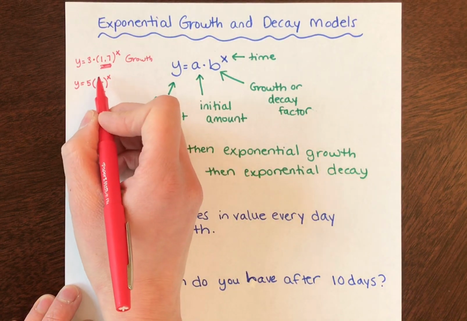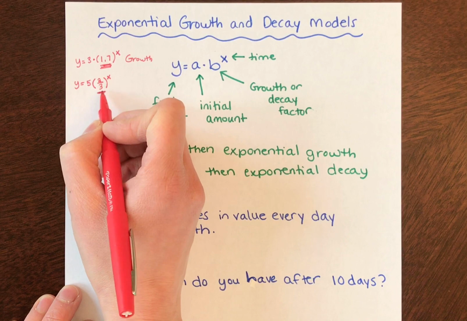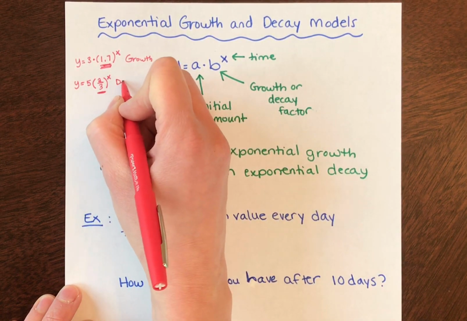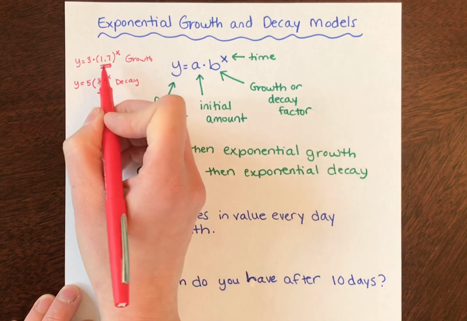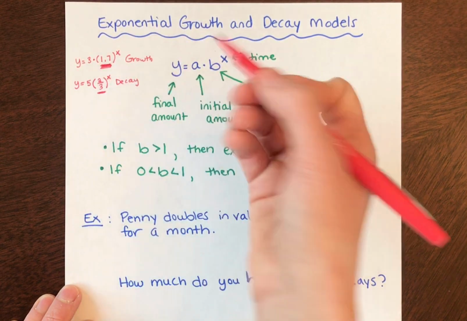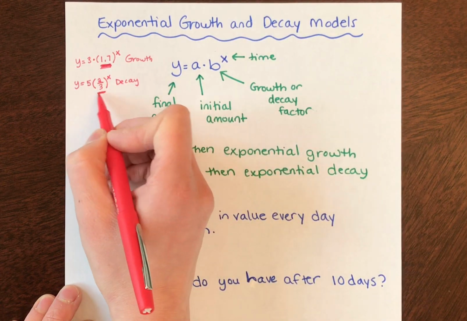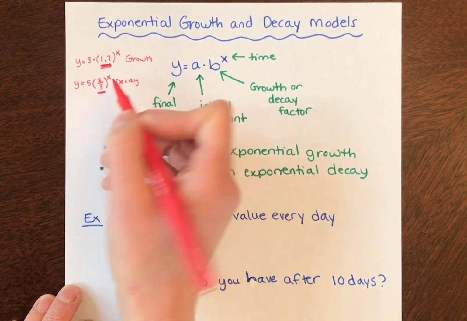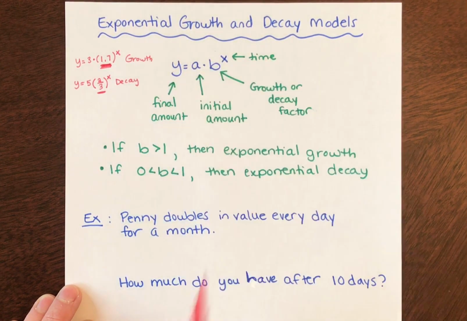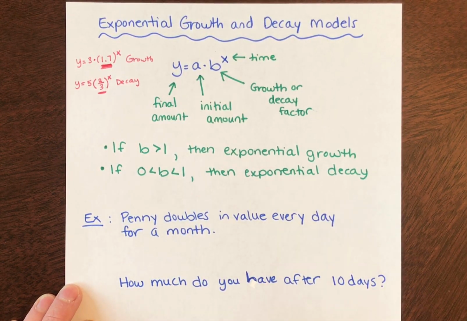We're always multiplying by a value less than 1, so we're always going to be getting out a smaller value each time. That's why this is decay. So if you're multiplying by something bigger than 1, your values will increase each time. If you're multiplying by a value less than 1, your values will decrease each time. So that's your difference between growth and decay equations.